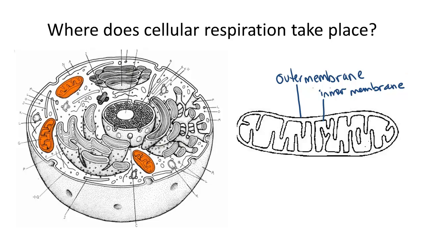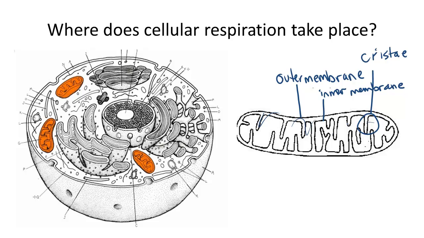The inner membrane has many folds, as you can see here. Okay? These folds are called cristae. This membrane provides a large surface area inside the mitochondrion for turning the bonds in glucose molecules into energy.